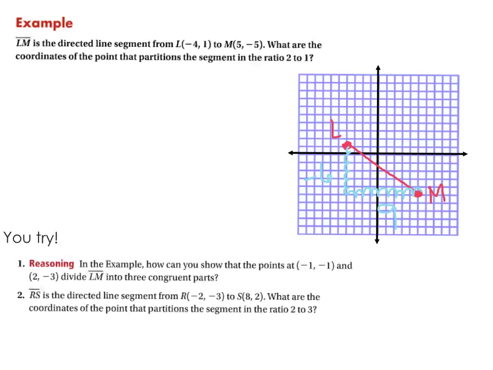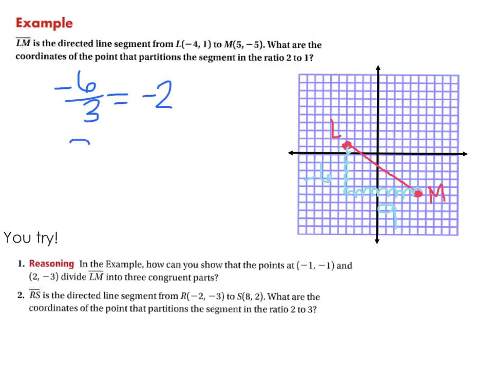Because I know that I need to partition my segment in the ratio 2:1, I know that I need to separate or divide my segment into 3 parts, because 2 plus 1 is 3. So I'm going to take the number -6 and divide that by 3. So -6 divided by 3, I'm going to get -2.